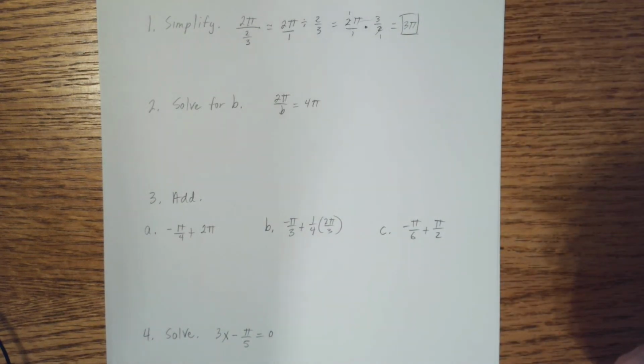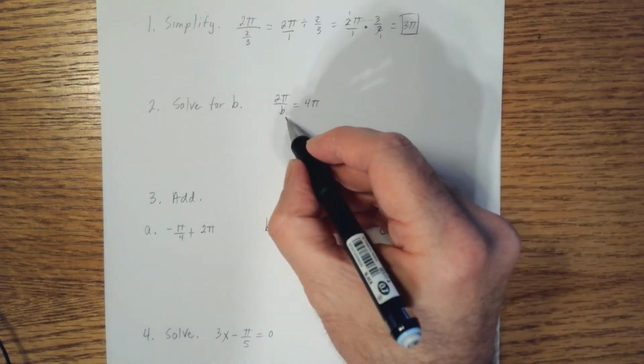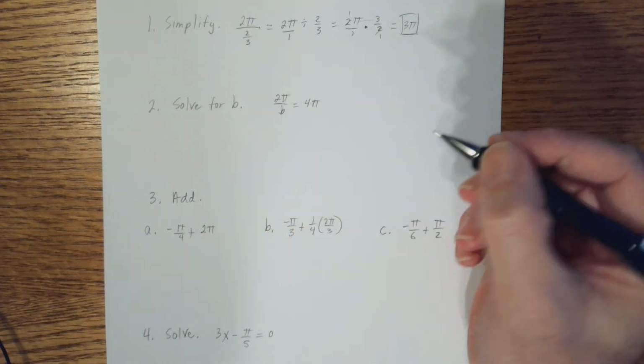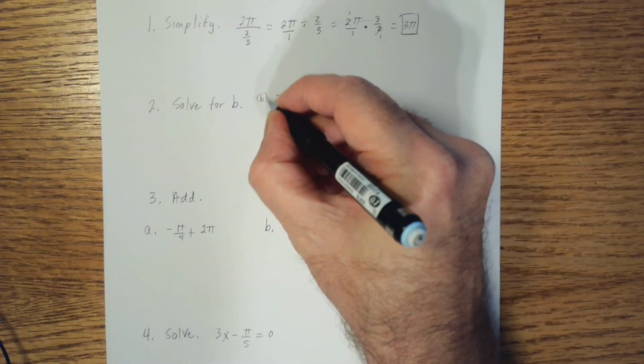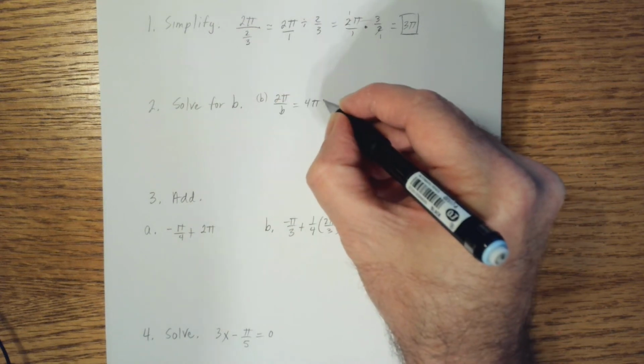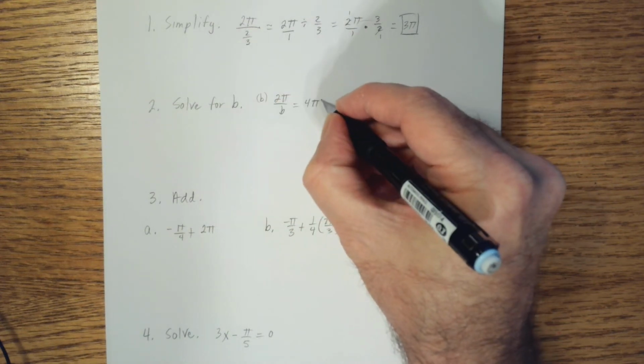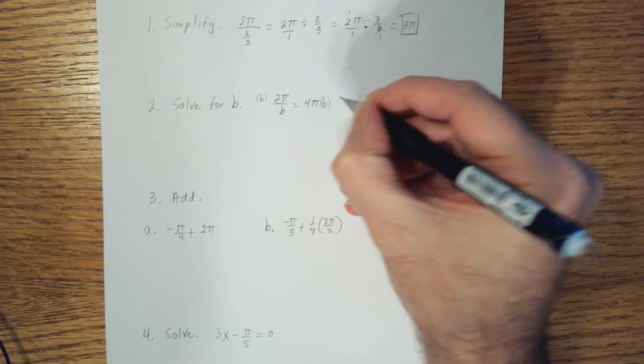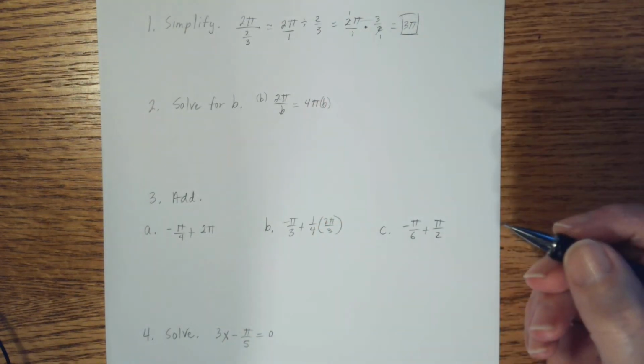All right, on number 2, we're solving for b. Since I have a fraction here, I'm going to clear fractions by multiplying both sides by b. Doesn't matter which side you put the b on.